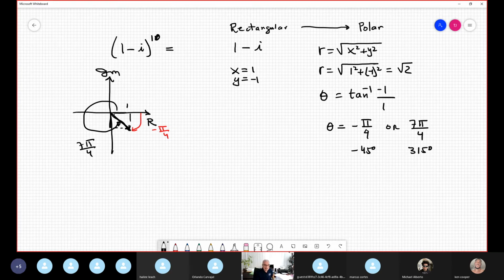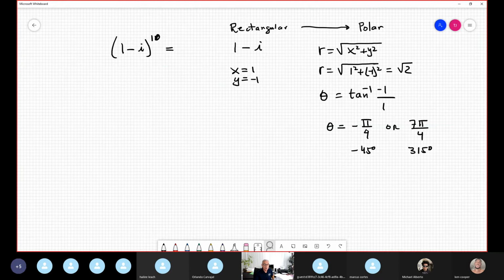Okay, so basically my fantastic conclusion is the polar expression for this complex number at the beginning, 1 minus i, is now radical 2 times cosine plus i sine of 7 pi over 4, or negative pi over 4, either way.